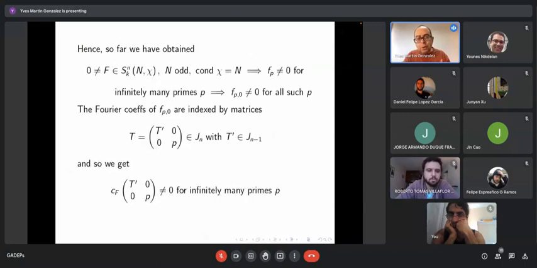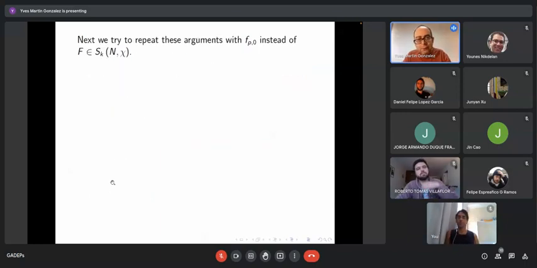And now that you already got this, you have a good description of these matrices T, at least for the last column and last row. And the idea is to do an inductive argument and do something similar in order to get information about the other columns and rows of the matrix.